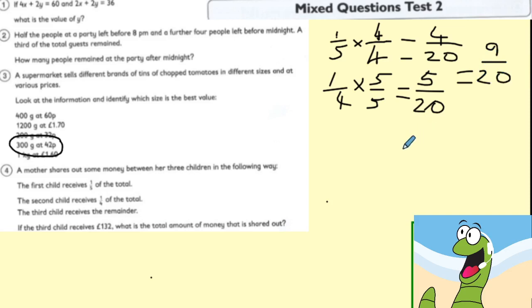And now, so that means that the third child, he gets, or she gets, 11/20. They obviously must have been very nice to mummy. They get 11/20.